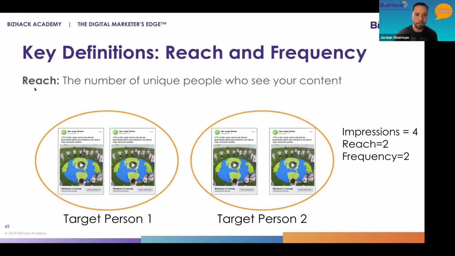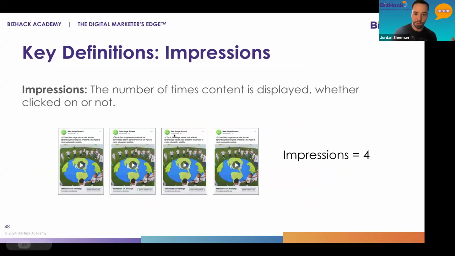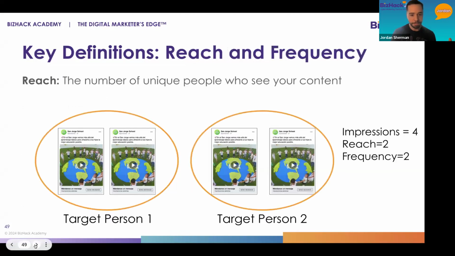Reach and frequency. Reach is different, because reach is the number of different people who see your ads. So impressions is all in one. It could be the same person looking at your ad 4 times, or the same person looking at your Facebook post 4 times. Reach, however, is how many individual people have seen your content.